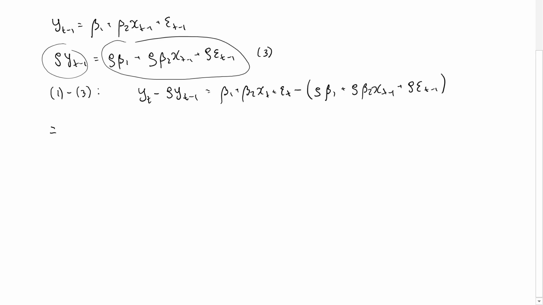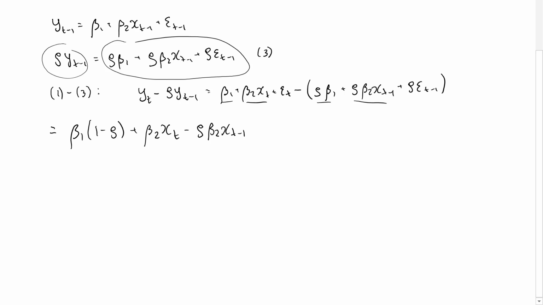So we have beta 1 here and another constant here. Beta 1 minus rho beta 1, so I can write that as beta 1 times 1 minus rho. We have a beta 2 x t. We have a rho beta 2 x t minus 1.